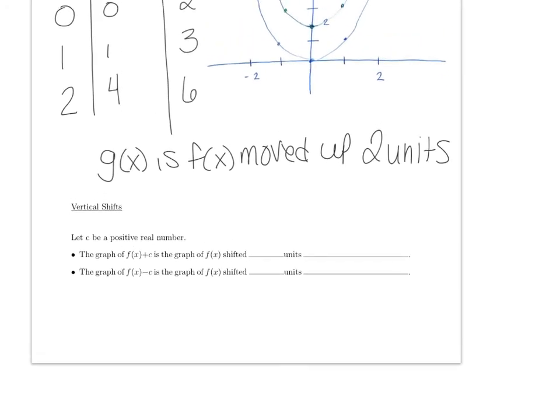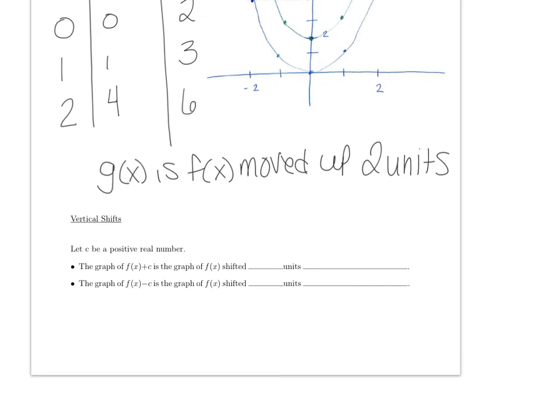If c is a positive real number, we can fill in these blanks: the graph of f of x plus c is the graph of f of x shifted c units up. And the graph of f of x minus c is the graph of f of x shifted c units down.